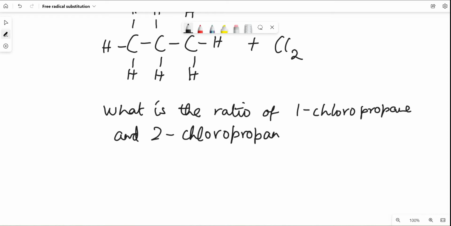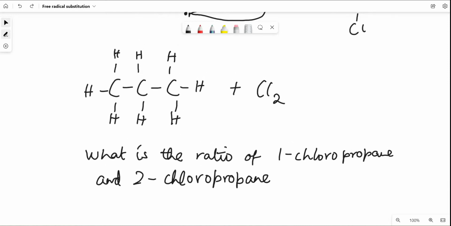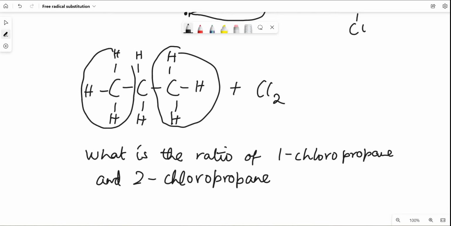Like, there's 2 C's that are 1 and 1 C that's 2, so it's 1 to 2, but it's not like that. You have to look at the hydrogens that are bonded to the carbons. So there's 3 hydrogens and 3 more hydrogens that could be considered carbon 1.